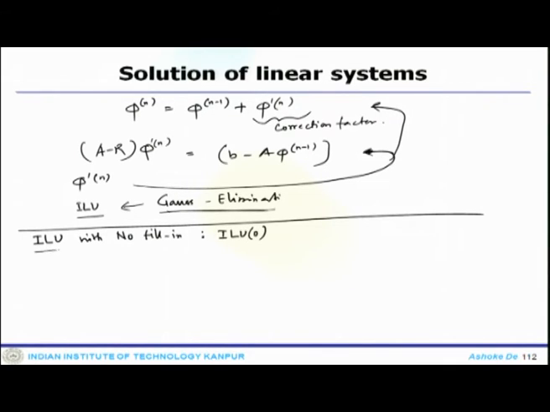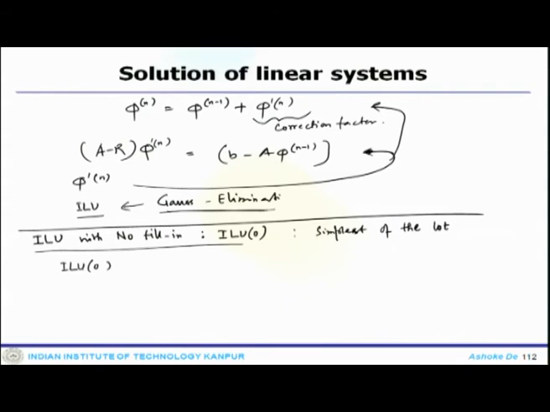This is a typical terminology which is used to demonstrate the incomplete LU factorizations with 0 fill or no fill. So there are different variations of the ILU factorizations which exist in the literature. So again, this is the simplest of the lot. So what happens in ILU 0?